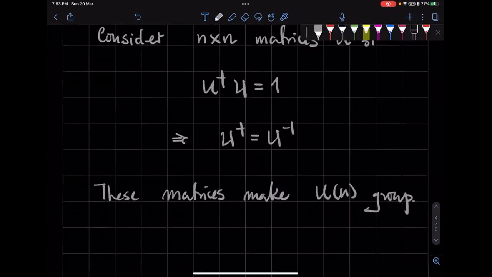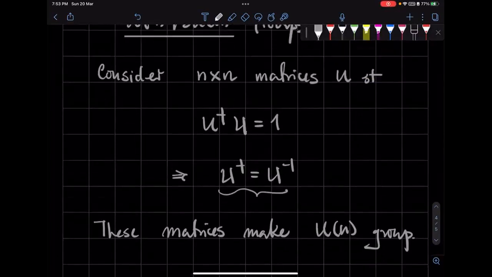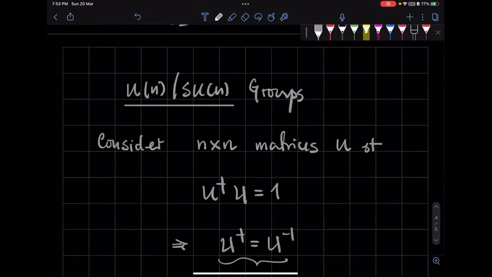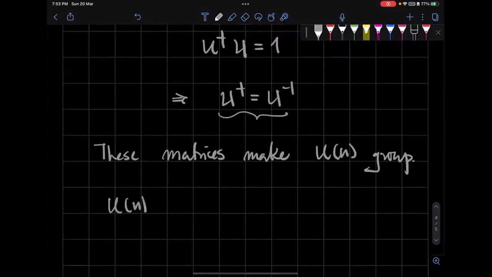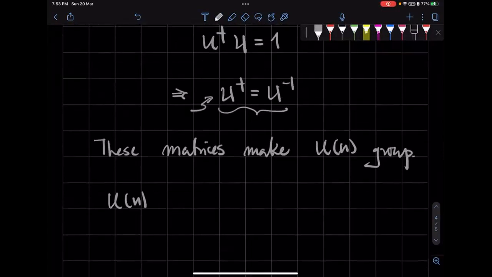It's easy to show that this condition cuts down the number of independent parameters to half. UN matrices are complex valued, because otherwise taking the Hermitian conjugate is not meaningful.